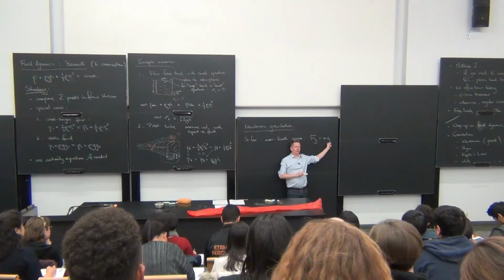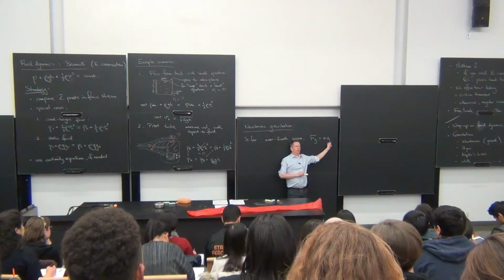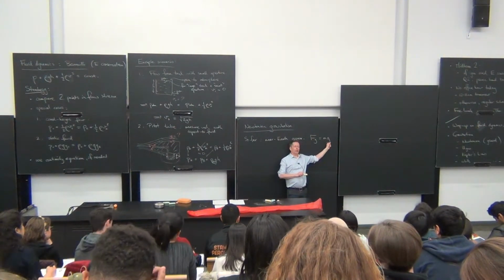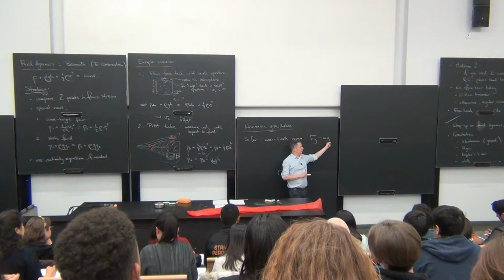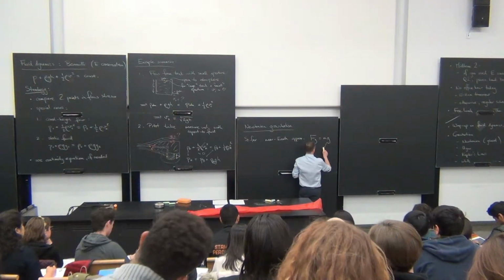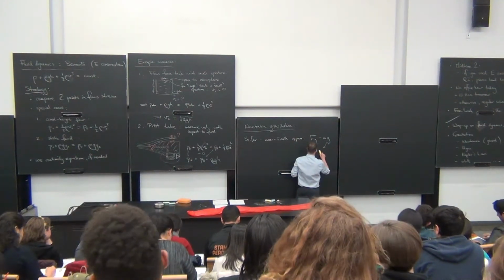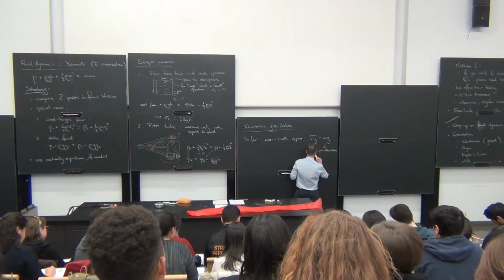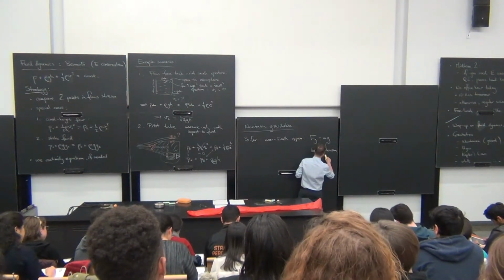So let me say that phrase again. We talked about gravity so far in terms of the local acceleration due to gravity near the Earth's surface. That's what g is. So this is the local acceleration due to gravity.